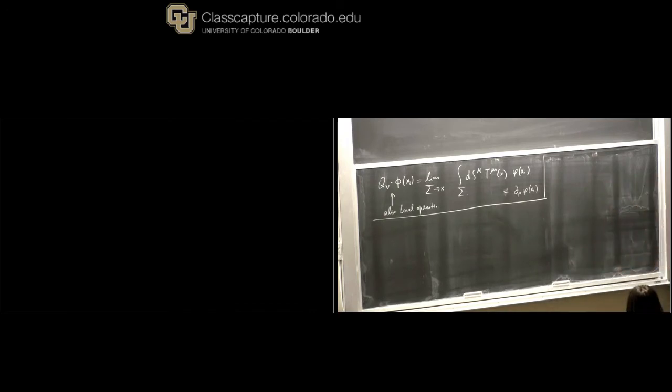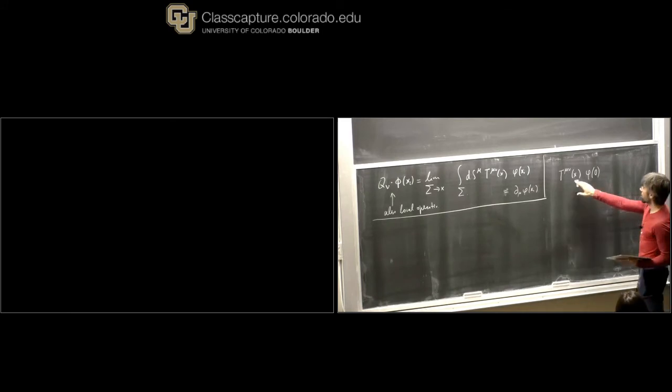So let us think for a second how this is at all possible. And the only way, I claim, that I can imagine this to be possible, is if we have the following OPE. So T mu nu of x, the correlation function of T mu nu of x near any local operator phi of 0.